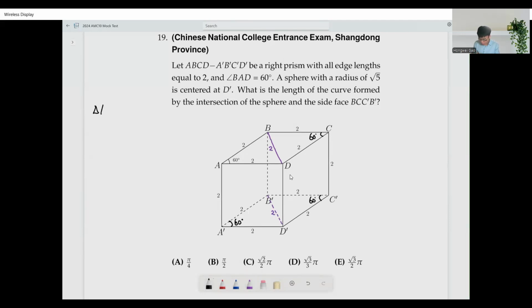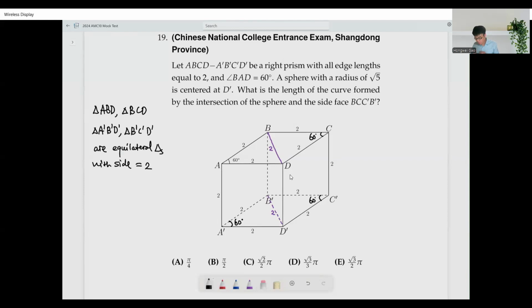Triangle ABD, triangle BCD, triangle A'B'D', triangle B'C'D' are equilateral triangles with side equals 2.